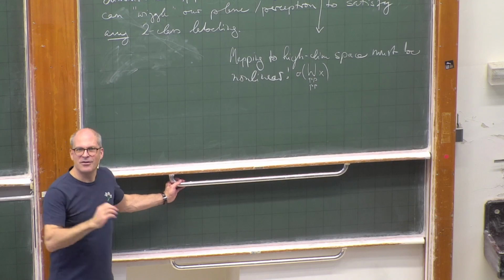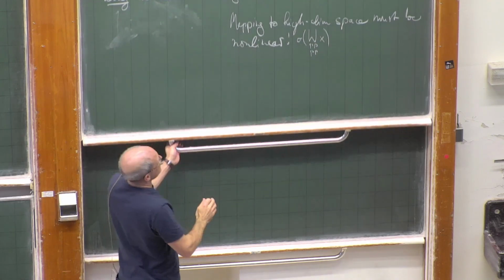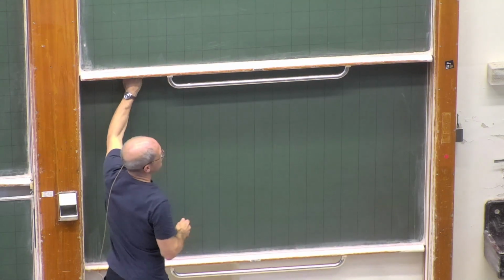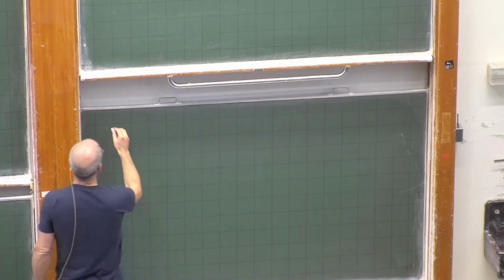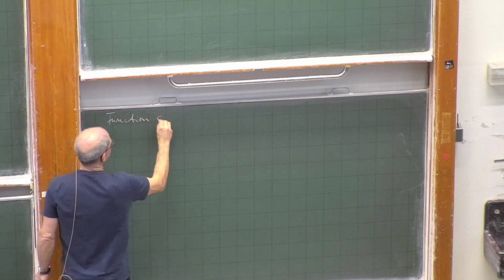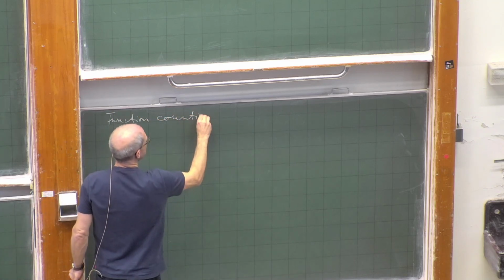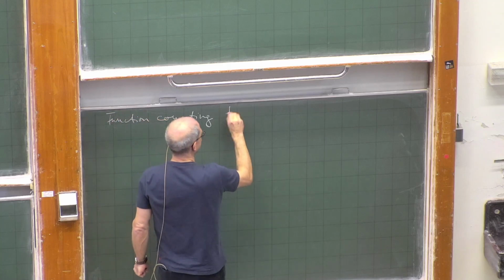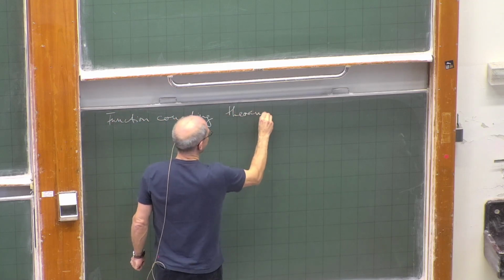Okay, good. So in this argument that we've given now, this was just one point on the so-called function counting theorem, which I used to prove in past years, but I'm skipping it this year.